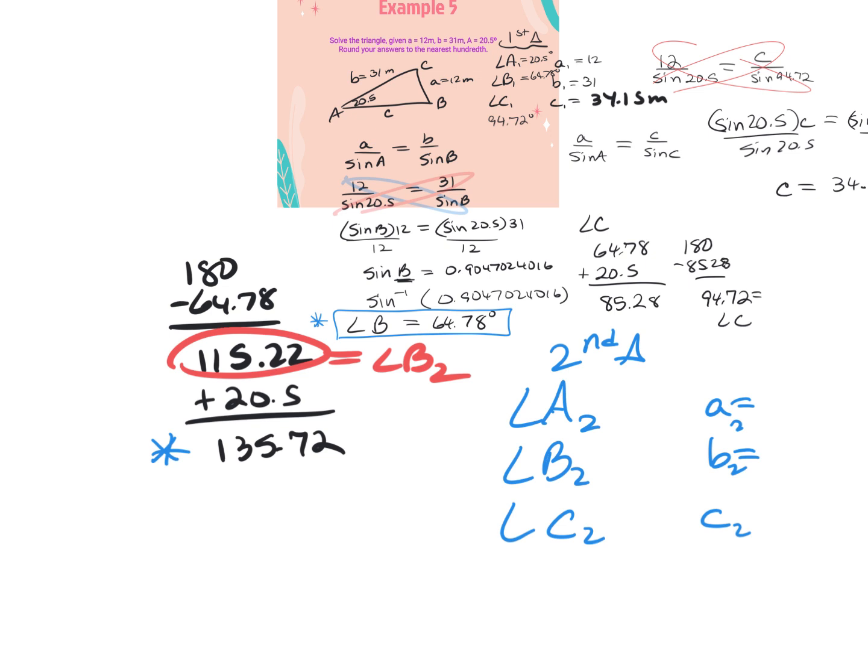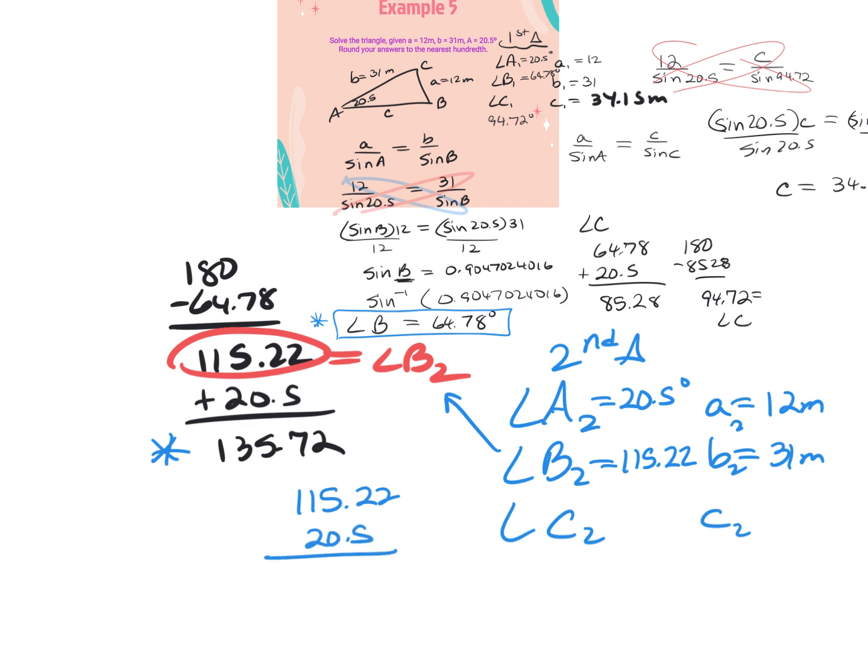Now, all of the given is still the same. So this is 12 meters still, 31 meters. Angle A is still the same, 20.5. I just found a new angle B for the second triangle, 115.22. And now I can find my third angle of the second triangle by adding the 115.22 plus the original 20.5 that was given to me at the beginning, and then I can subtract that from 180.